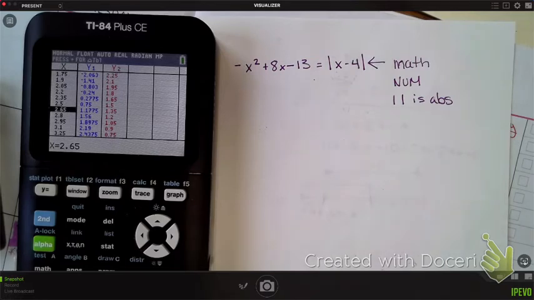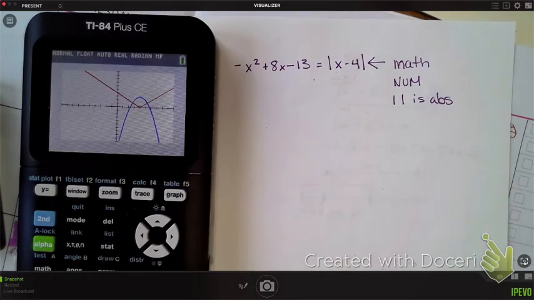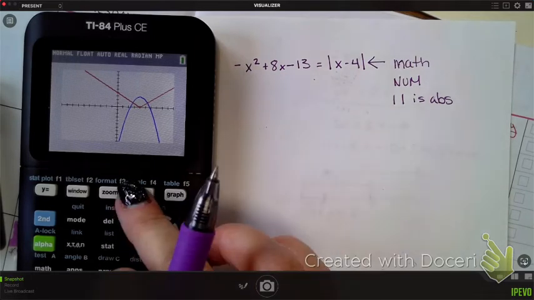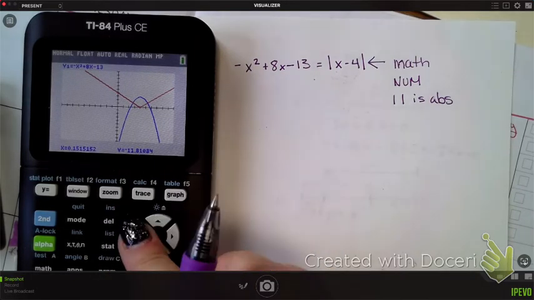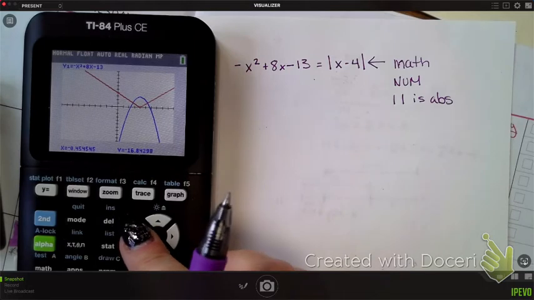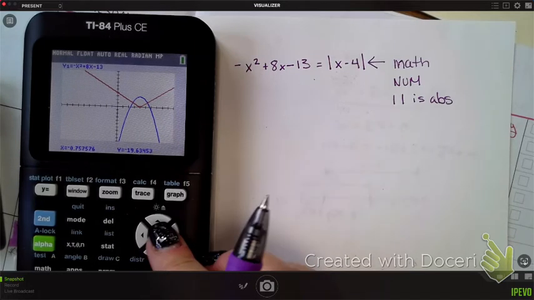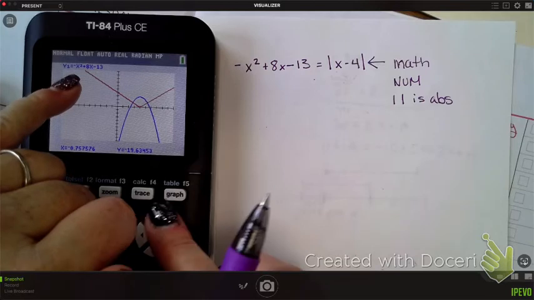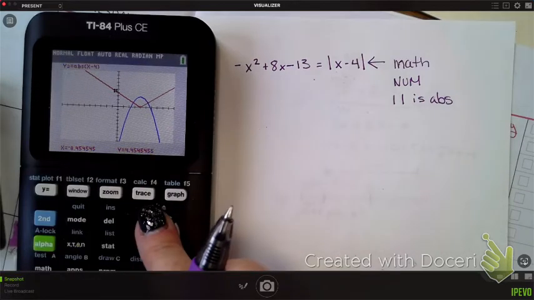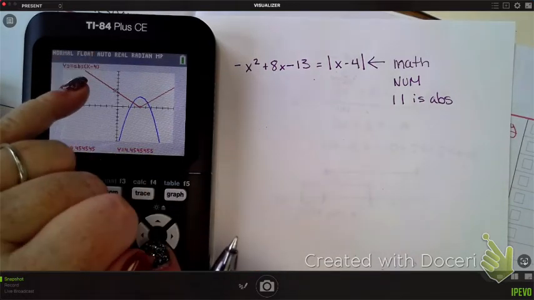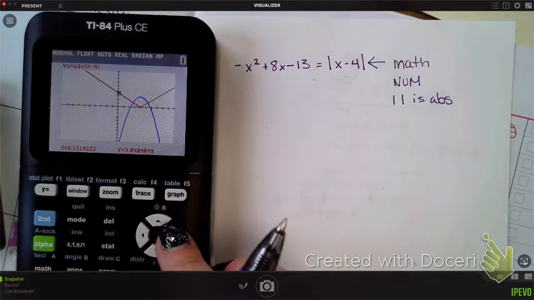Okay, so now let's go back to our graph again. You see this button, trace? You can hit it. If I hit left or right, you're on one graph. See how it tells me up here what equation I'm on? If I hit up or down, it jumps to the other equation. See that? And I could trace it.